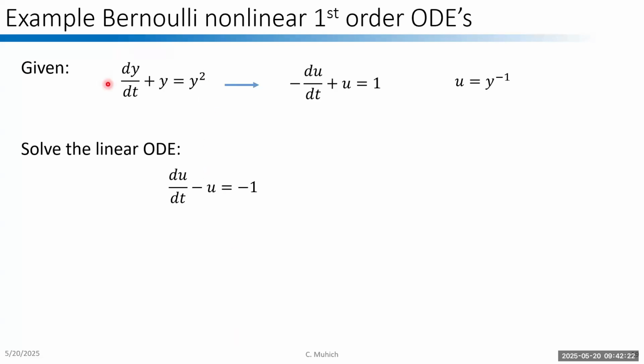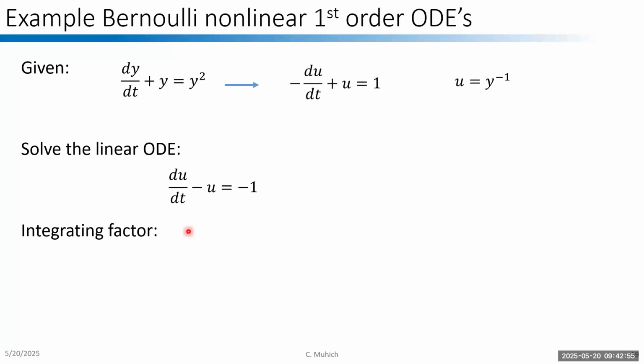What I've done so far is take our Bernoulli nonlinear equation and use a substitution of u equals y to the minus 1 to get minus du/dt plus u equals 1. And then I can solve my linear ODE of du/dt minus u equals minus 1. How do I solve this? This is now a linear equation.